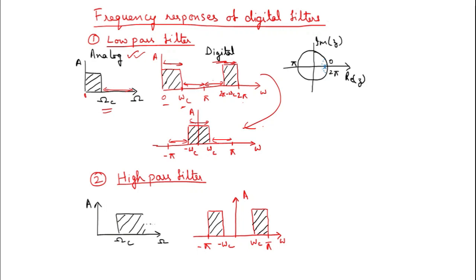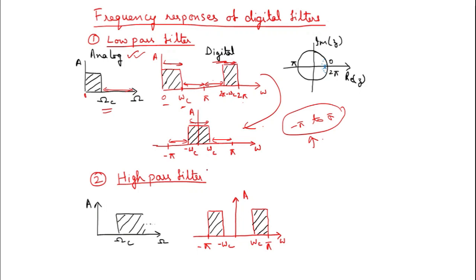Usually when we do the numericals, the frequency components varying in the region of minus pi to pi, it becomes quite easier to work with. So we will be looking into the representation of the frequency characteristics of the digital filters within this frequency range minus pi to pi.